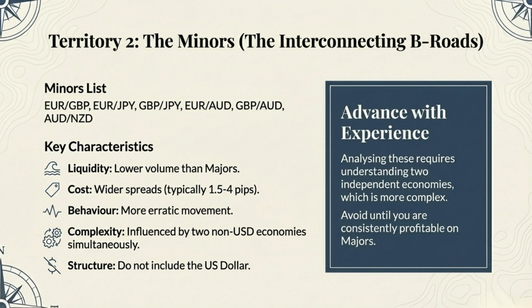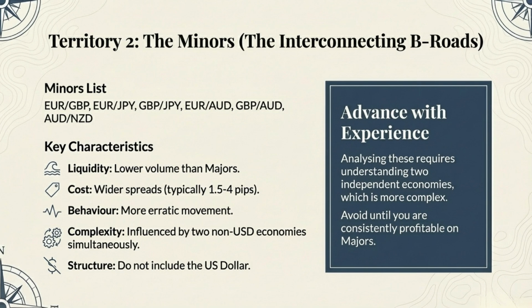But the real reason they're harder for a beginner is that you are now analyzing two independent non-USD economies at the same time. The fundamental analysis just gets way more complex. Let's use EUR/GBP as an example. To figure out where that's going, you can't just rely on the US dollar as your global benchmark. You have to be tracking everything happening in the Eurozone, everything happening in the UK, and the specific relationship between those two central banks.